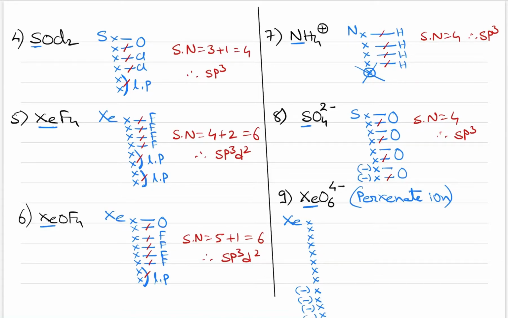Now 6 oxygens are there, and oxygens are divalent. Put a double bond with each oxygen. Now count the number of sigma bonds: 1, 2, 3, 4, 5, 6. So the steric number is equal to 6. Therefore, sp3d2 hybridization. This is the trick.